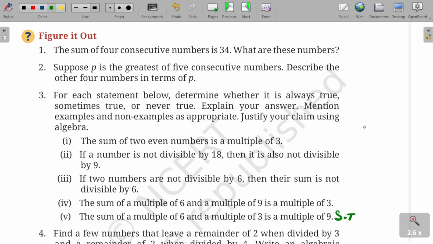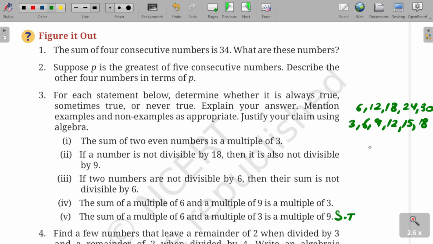And how, the examples are like multiples of 6 are 6, 12, 18, 24, 30, right? And multiple of 3 are 3, 6, 9, 12, 15, and 18. So pick any two numbers and add them, right?